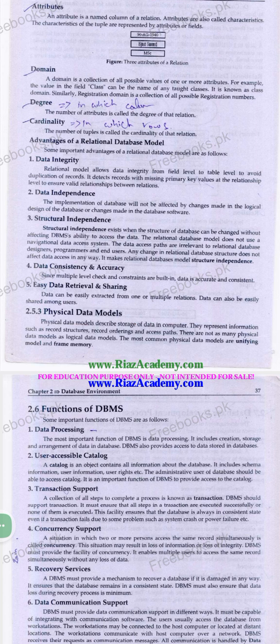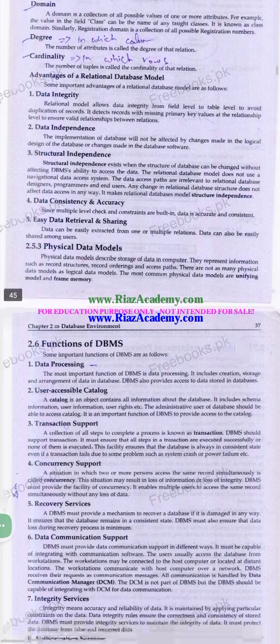Data independence we already discussed. Structural independence we already discussed. What does it mean? Data independence means data is completely independent. Structural independence means the design or schema is completely independent. Data consistency and accuracy means avoiding redundancy, multiple entries, and multiple relationships that harm data accuracy and consistency, so we remove the redundancy and multiple entries to maintain accurate and correct data in proper form.